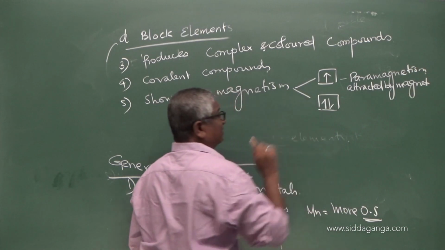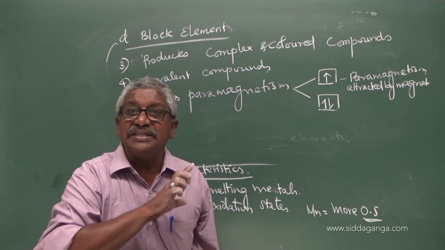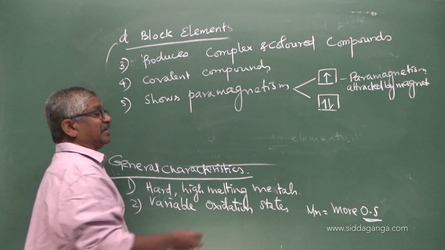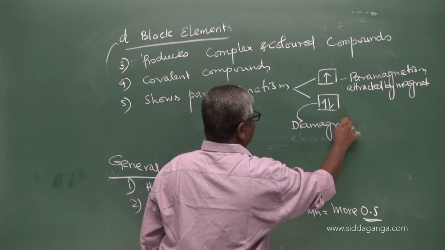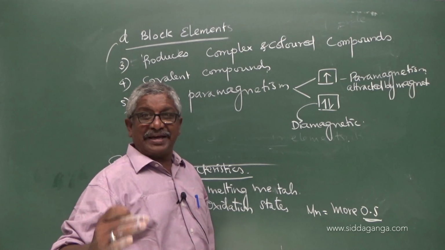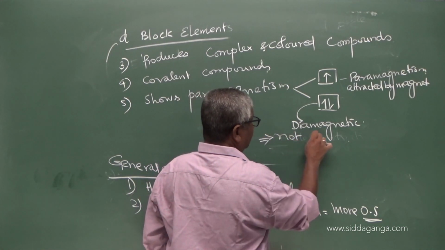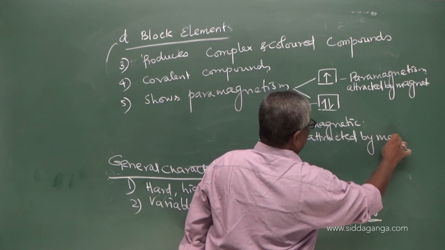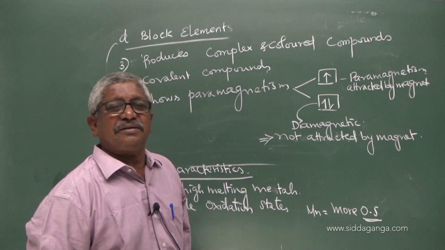Then what if the orbital is completely filled? No orbital is half filled. If it is completely filled, that shows diamagnetism. Diamagnetic means not attracted by the magnet.